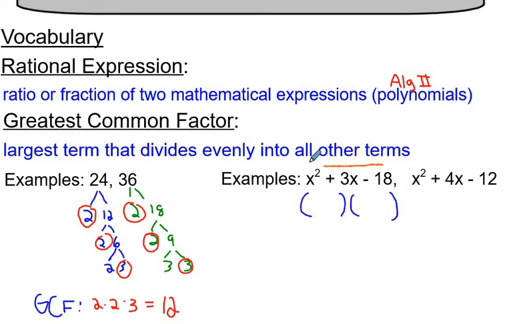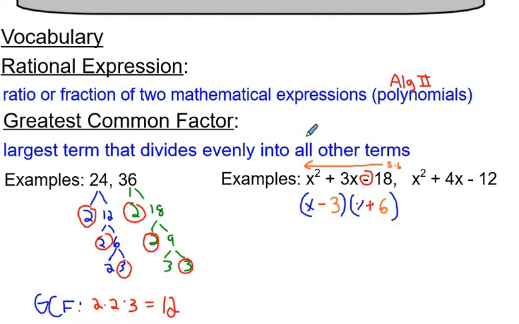We start here, we move this way, we ask ourselves what factors of 18 will subtract to 3. So that would be 3 times 6, right? And so we put our factors down right here. We put a 3 and a 6, and then we ask ourselves, well, how would we subtract these numbers to get a positive 3? We would need to make this one negative and this one positive, because negative 3 and 6 makes positive 3, and then we have our x's, okay?